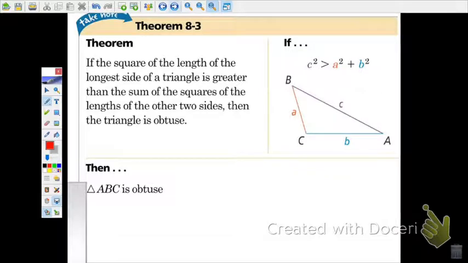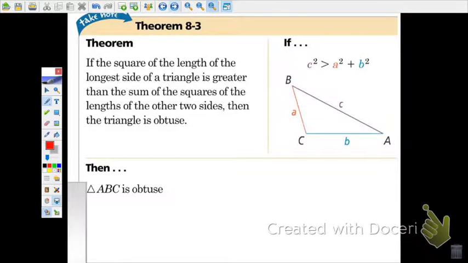And then this last theorem, the option we haven't looked at yet. If the square of the length of the longest side, so my c squared, is greater than the sum of the squares of the other two sides, then it is obtuse.